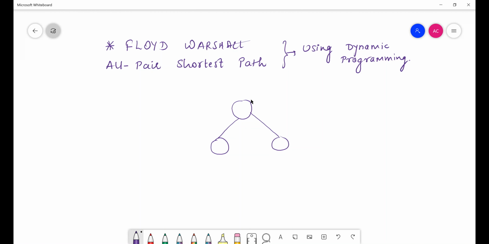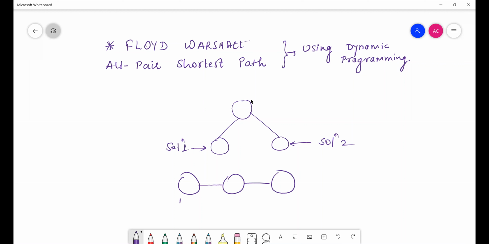But in this case, this subproblem might have some solution and this subproblem also has some solution, but these two solutions are not interrelated. This is solution 2, this is solution 1. But these two are not interrelated. Whereas in case of dynamic programming, all the intermediate solutions are interrelated.